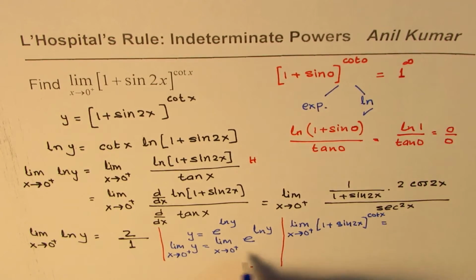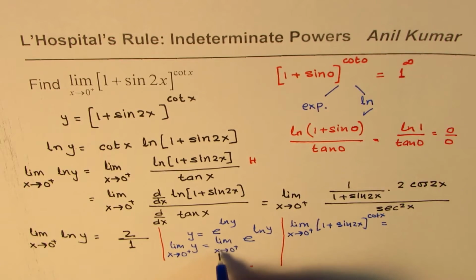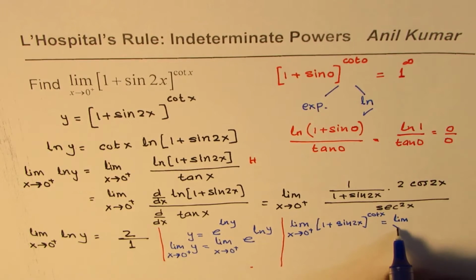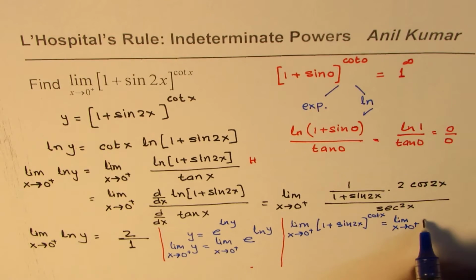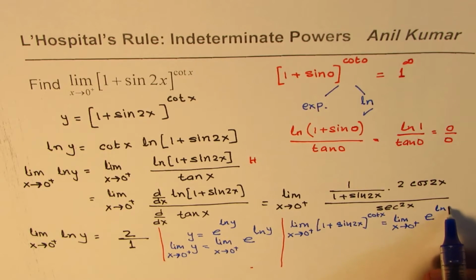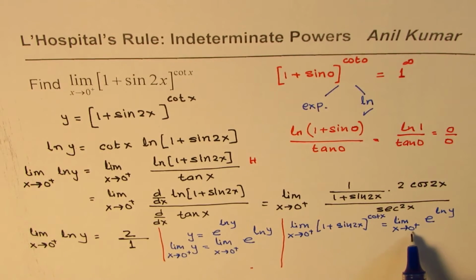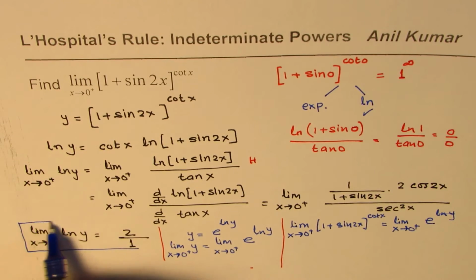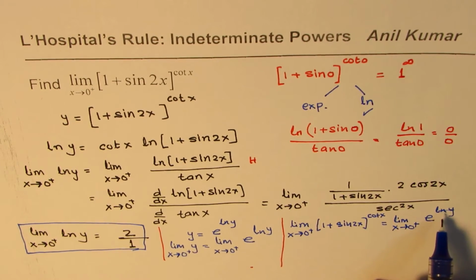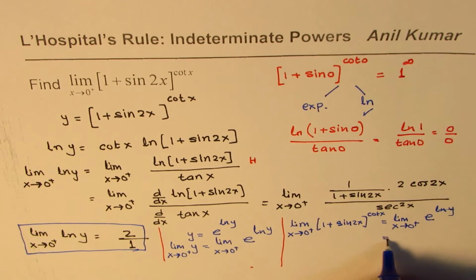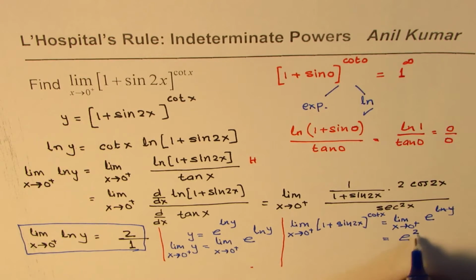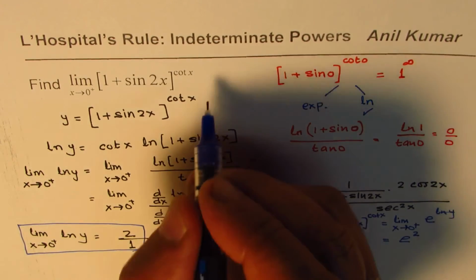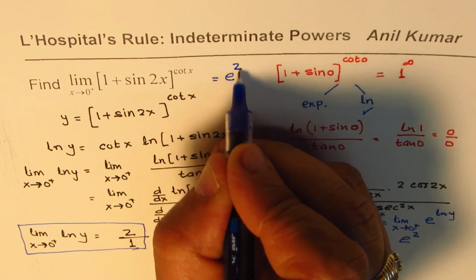And this is equal to e to the power of the limit as x approaches 0 plus of ln y. Now, this limit of ln y we have already calculated as 2. So we can replace this by 2, right? So this is equal to e to the power of 2. Do you get it? So the limit of this function is e squared.